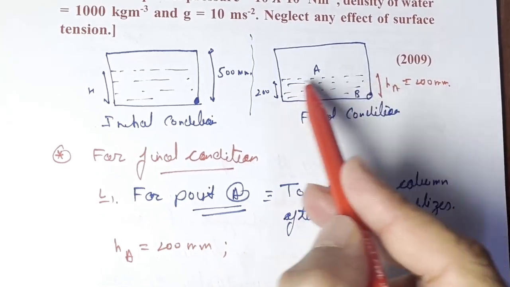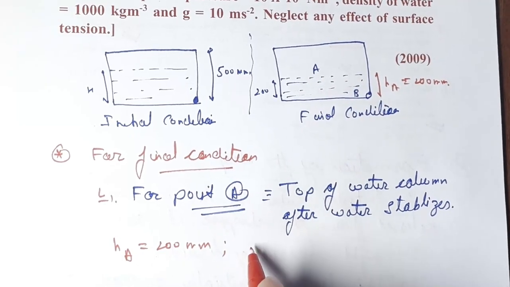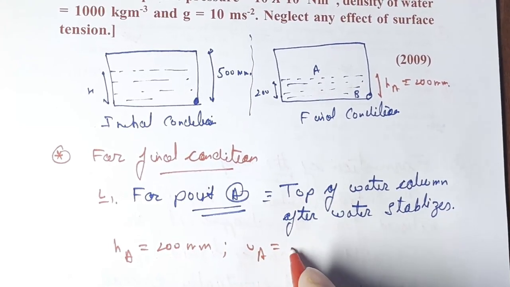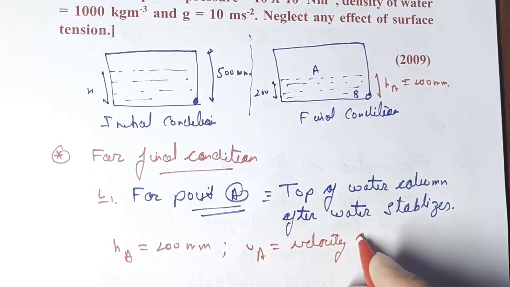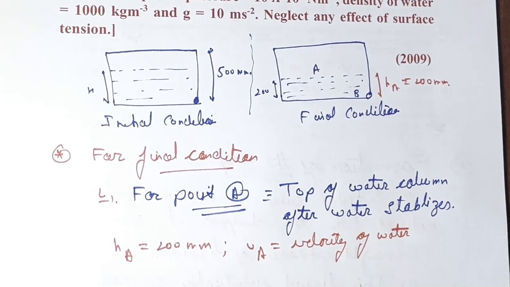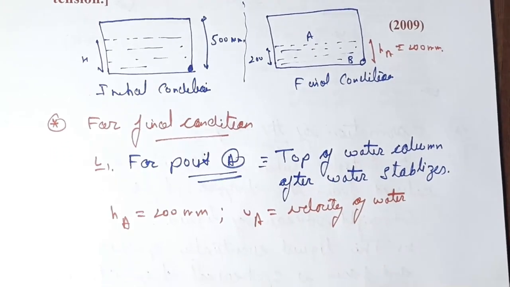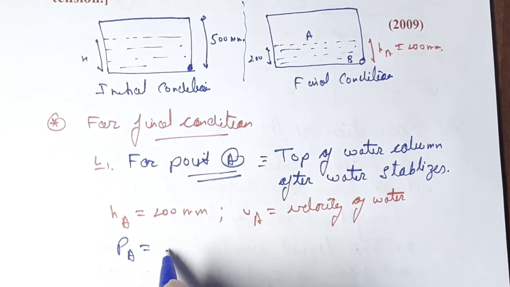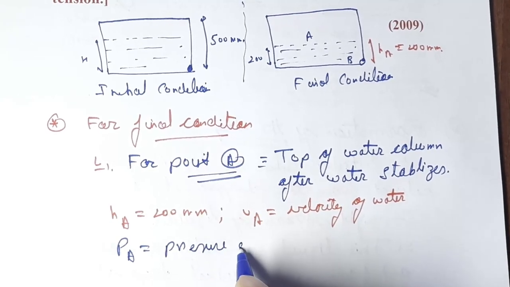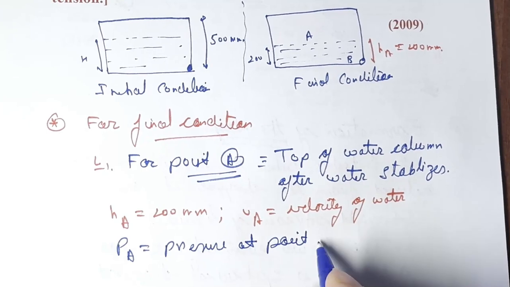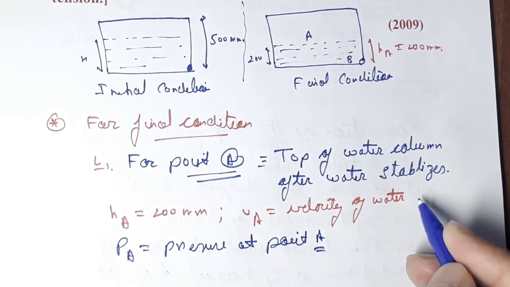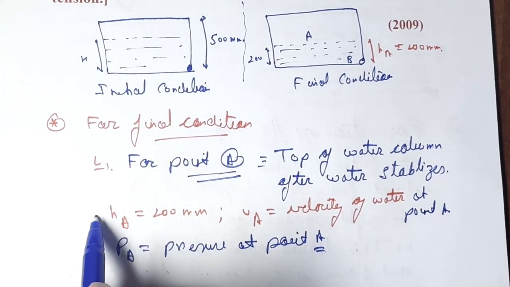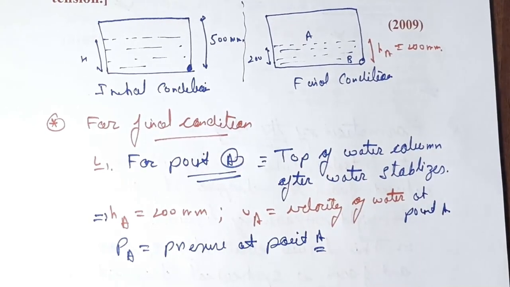At this level let us call the velocity VA, the velocity of water, and here let us call the pressure PA, the pressure at point A, and this is the velocity of water at point A, and this is the height of water at point A.